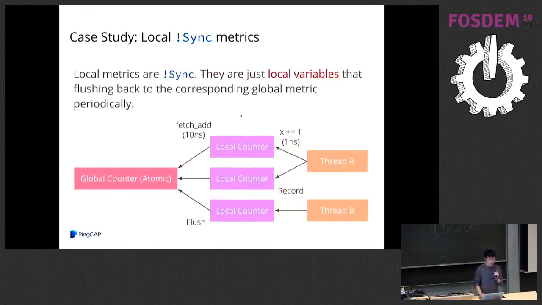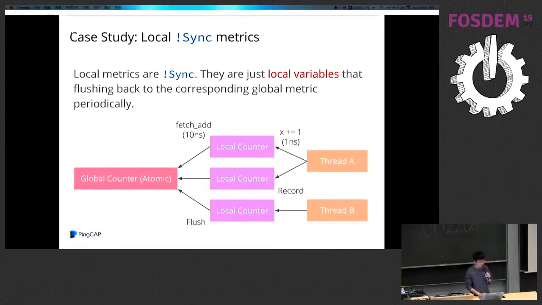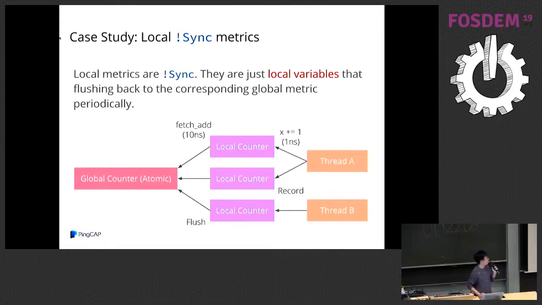And to improve that, we can introduce some local variables. So this is what a local counter is. Local variables are not Sync, and we can flush back to the global variable periodically. So you can just achieve the speed while not meeting data race issues.